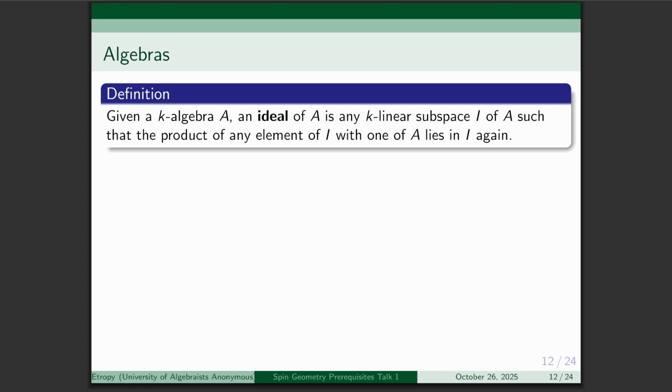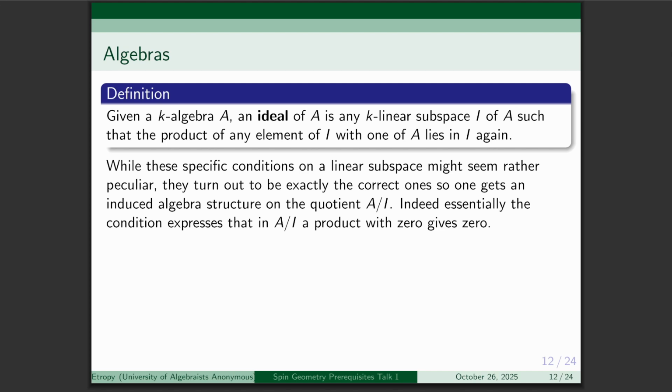An ideal is any linear subspace such that when you multiply anything in the vector space by an element of the subspace, we remain in the subspace. Then in the quotient, this means precisely that if you multiply anything by 0, you get 0, which is something that we need for linearity.